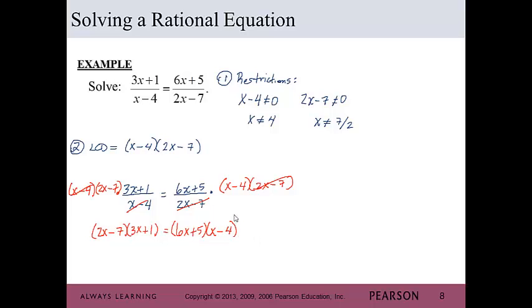Now we need to solve for x, so we're going to have to FOIL. So I'm going to FOIL and you FOIL, and let's verify that we get the same thing.